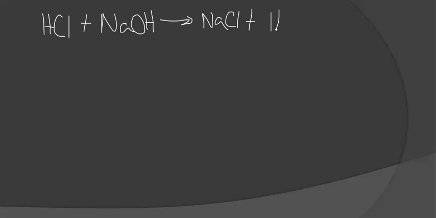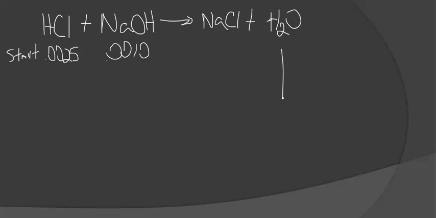HCl reacts with NaOH to form sodium chloride and water. At the start, I had 0.0025 moles of HCl, and for NaOH, 0.001 moles.